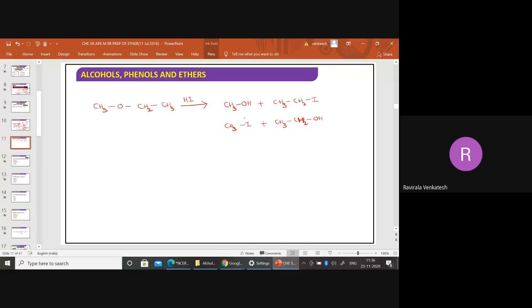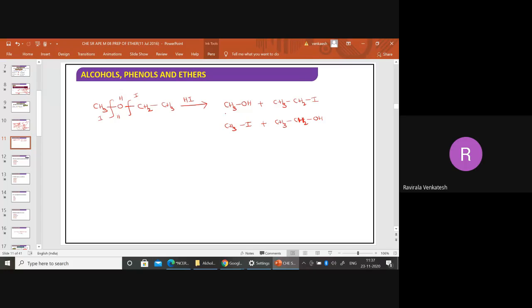Correct or not? Understood this one? Any doubts? That means you can cleave here to get your hydrogen and your iodine. Otherwise, you may cleave on the other side to get your OH. If you cleave here, you may get iodine here, or you may get hydrogen.